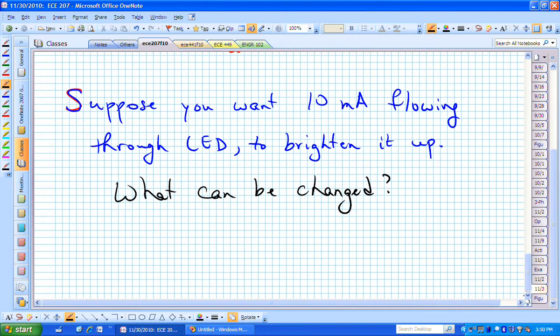Well, we have two things that we could change, if we want more current to flow: the power supply or the resistor. Which way would you want to push the power supply if you had the ability to modify it?